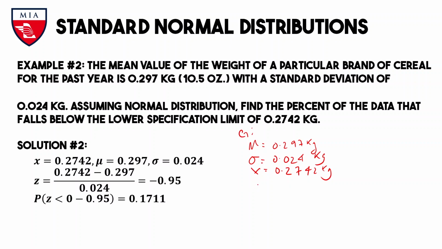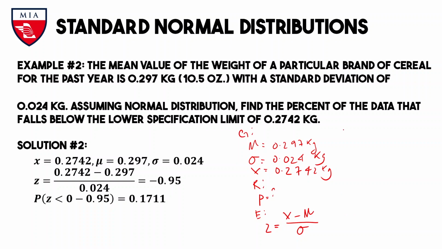For the required, we need to get the value of the probability. For the equation, we have z-score is equal to x minus mu all over our standard deviation.